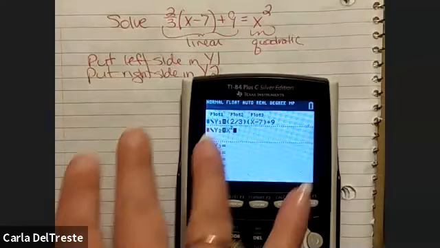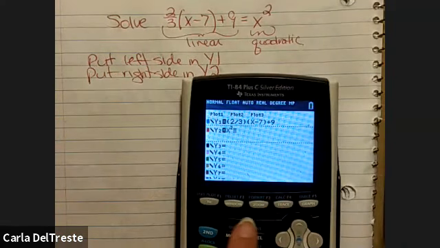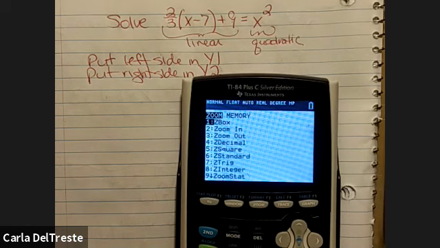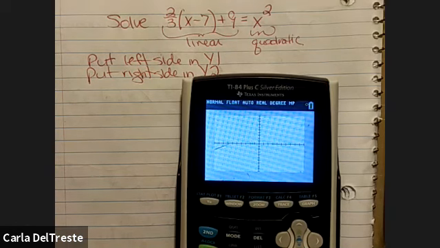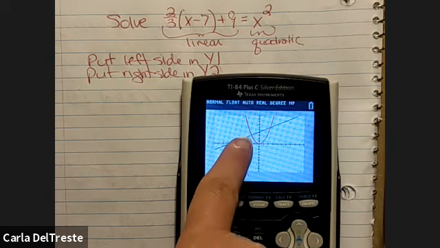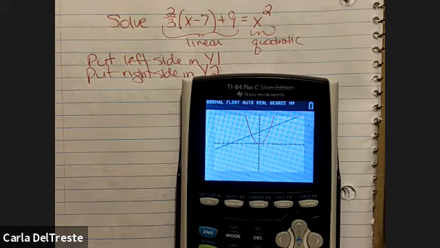These numbers are relatively low, so I'm going to start in a standard window. That means I can just go to zoom 6 to get back to a standard window. Here comes my line, here comes my y1. And here comes my x squared, my quadratic. There are going to be two answers to this because they happen to cross each other twice.